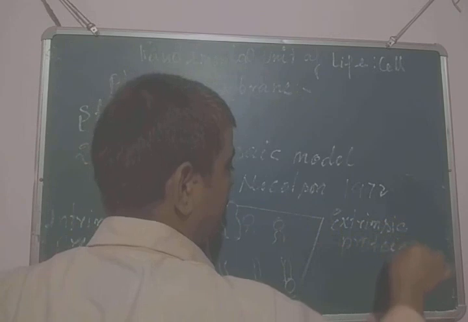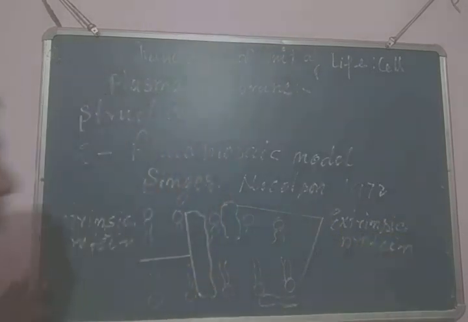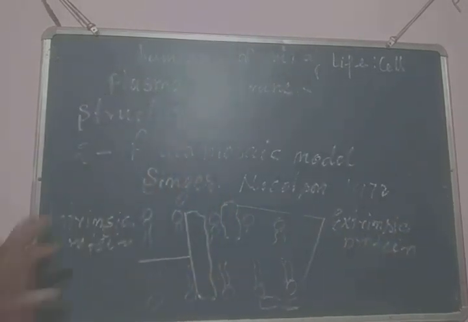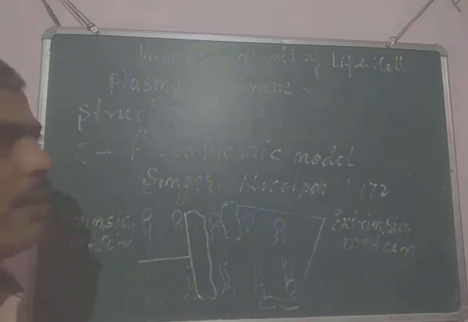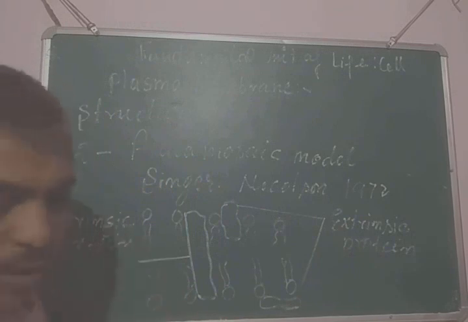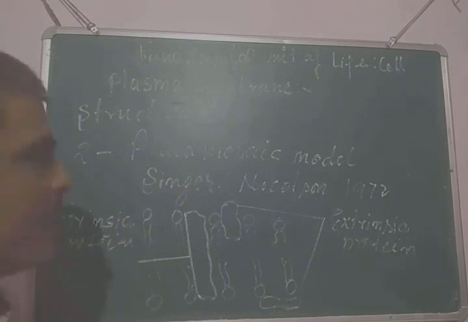Extrinsic means outside and intrinsic means inside. So this model was proposed by Singer and Nicholson in 1972. And dear students, for your information, this model satisfied the functions and their explanation of the plasma membrane.